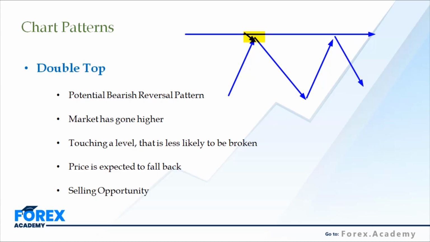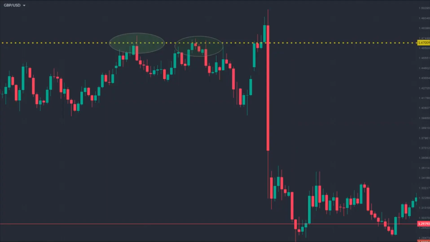So let's take a look at the chart. Here we go. On the chart you can see that the market soared upward, fell down, then again went higher, and then the market tested the previous top level.